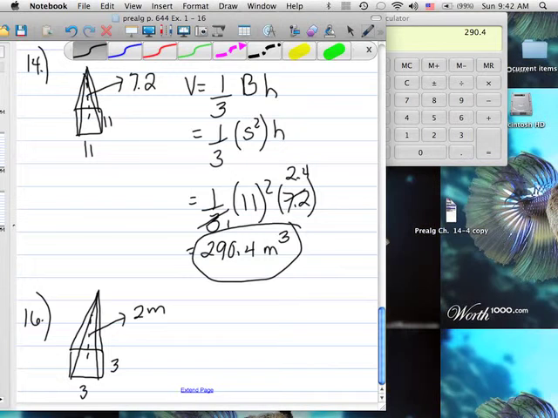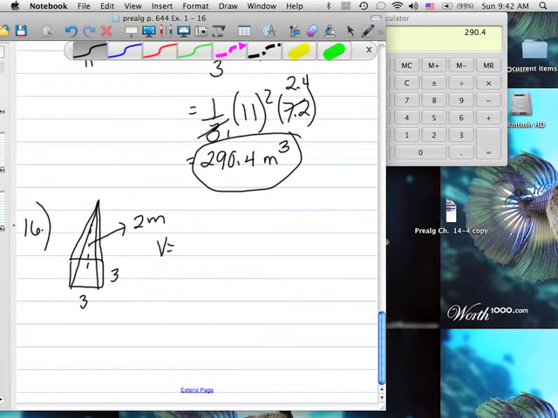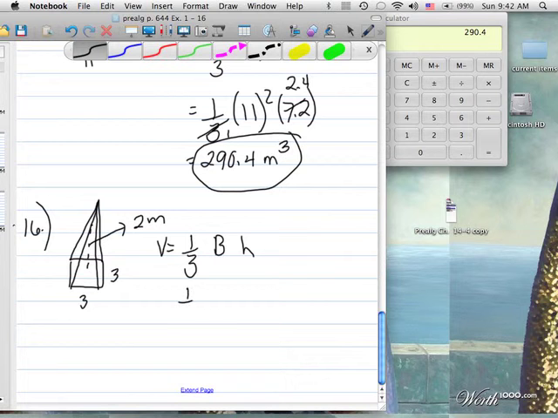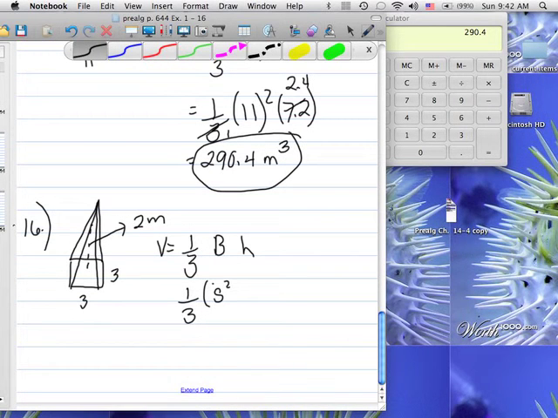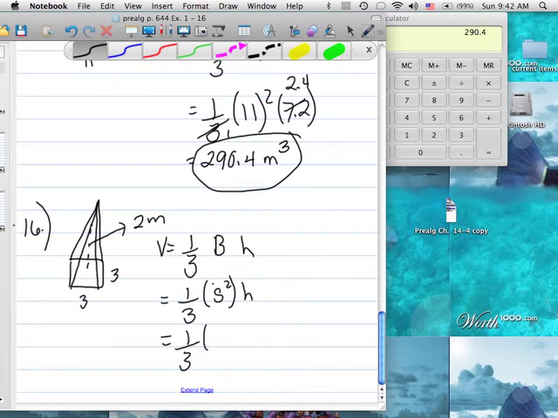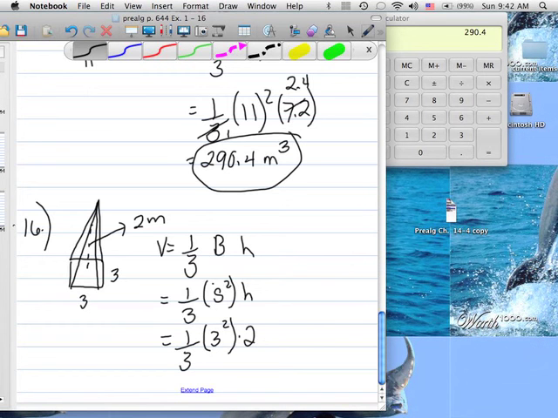We're going to find the amount of space inside the tent. Volume equals 1/3 the area of the base figure times the height. So it's 1/3, base figure is side squared, it's a square, times the height. So it's 1/3, 3 squared, times 2.